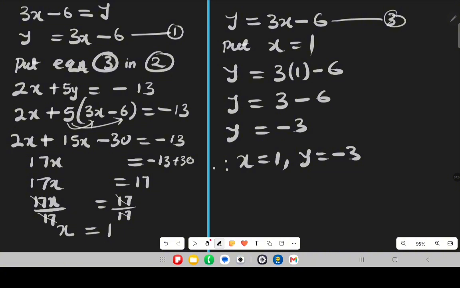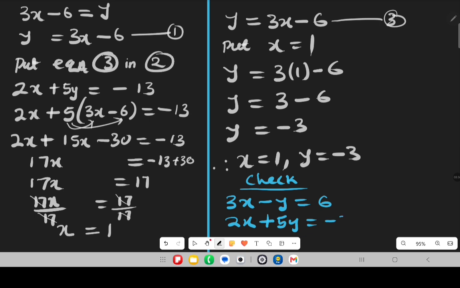To check if your answer is correct, we substitute x equals 1, y equals minus 3 in any of the equations and see if the left hand side will give us the right hand side. We write out the initial equation, which is 3x minus y equals 6, and we have the other one, which is 2x plus 5y equals minus 13.